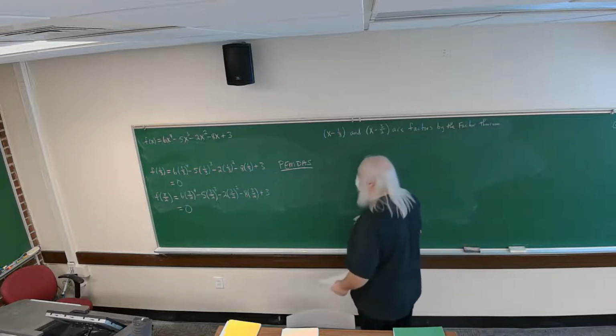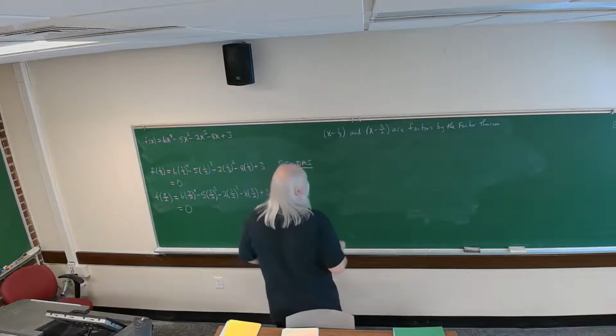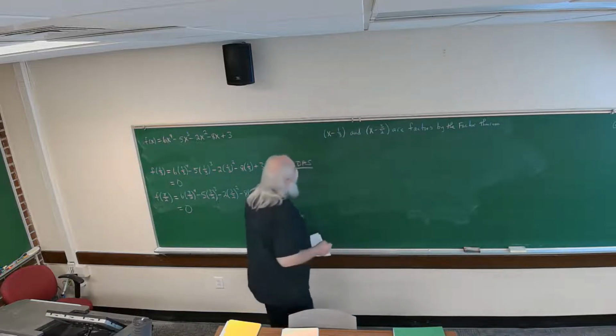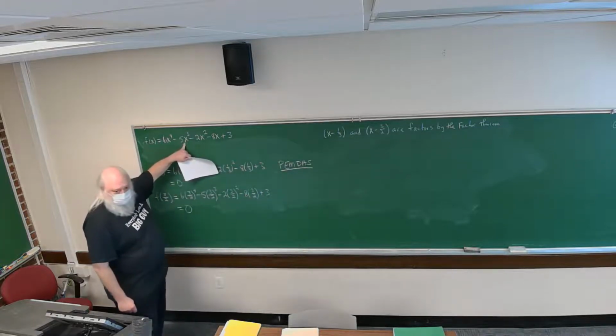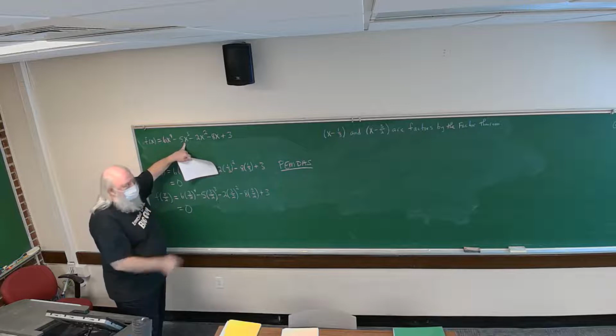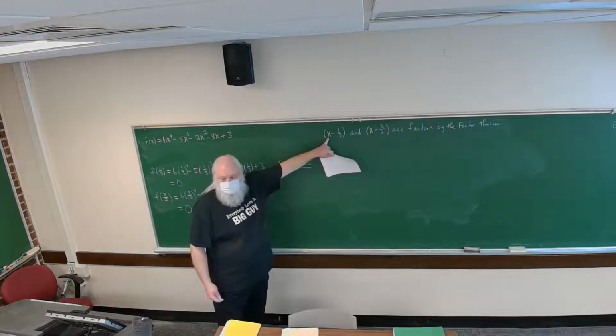Okay? So the first thing we're going to do is divide this 4th-degree polynomial by x minus 1/3. Since this is a linear factor, we can use synthetic division.